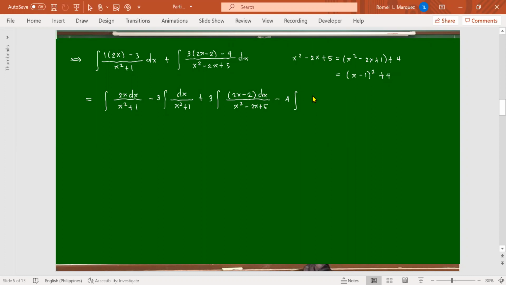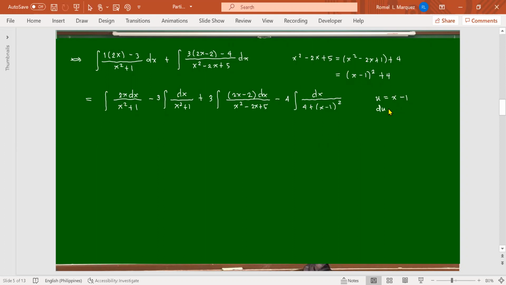So this is now equal to dx over 4 plus (x minus 1) quantity squared, where our u is what? Our u here is x plus 1, I mean x minus 1.